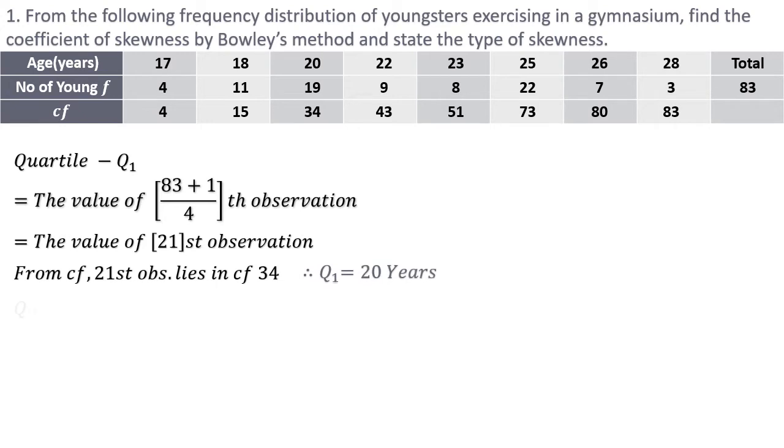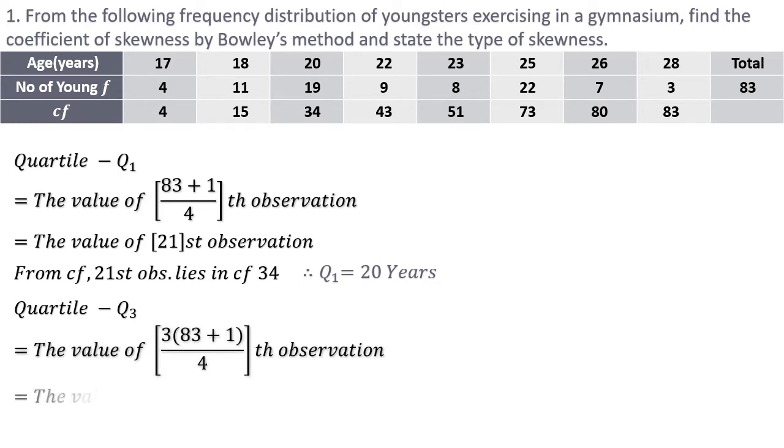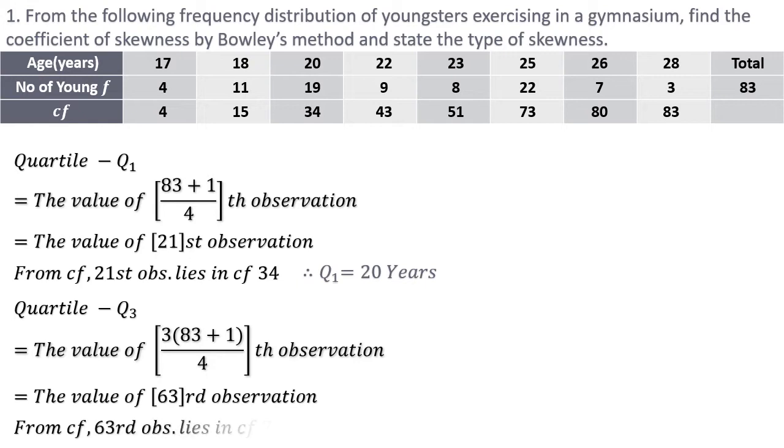So Q1 is 20 years. Similarly, the third quartile is 3 times (83 plus 1) upon 4, which is the 63rd observation, and this falls under CF 73, and the value in front of 73 is 25 years.